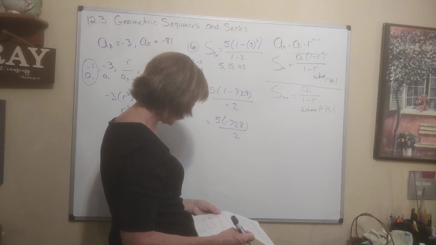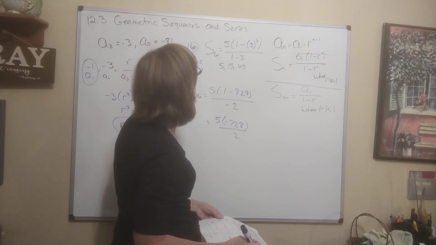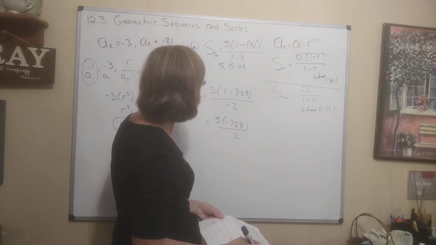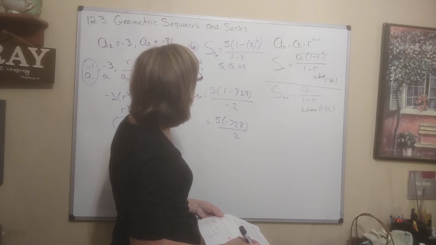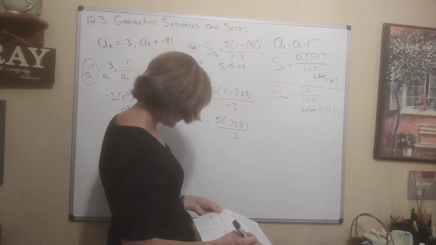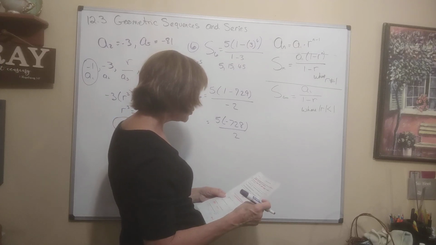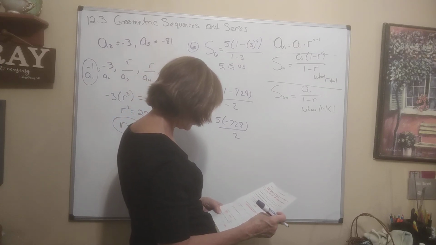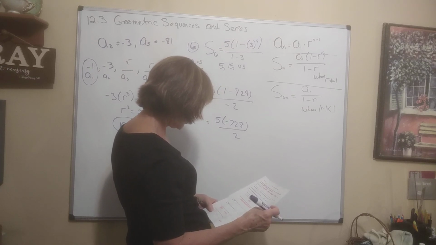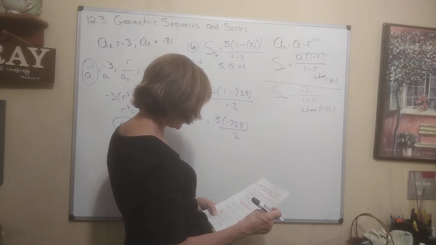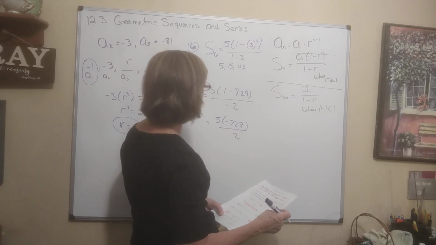Let me see what I did wrong here. 1 minus r to the 6th. Oh, I said 3 to the 5th instead of 3 to the 6th. And it should be to the 6th. I think I did it wrong on my sheet.